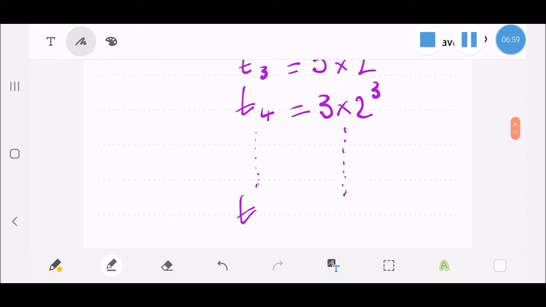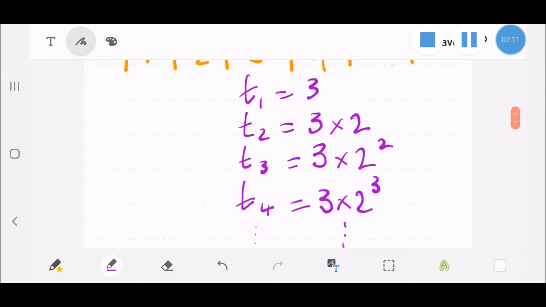When we get all the way down to Tn, what are we going to have? We are going to have 3 times 2 to the power of what? Well, here's the thing. Let's look at the powers of 2 and compare them to the corresponding n value. So when n is 4, the power on 2 here is 1 less.